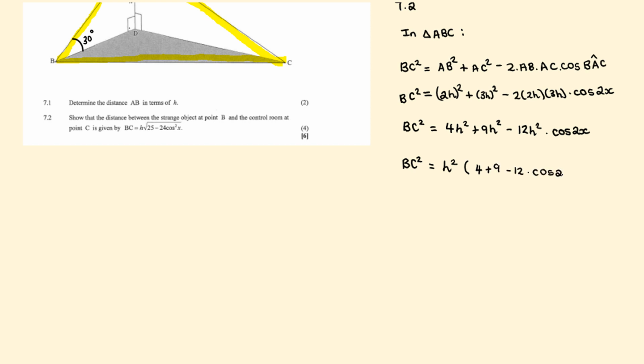Okay, if we look at our end goal, we see that we have a cos squared. Okay, so which means that we're going to have to change cos 2x into 2 times cos squared x minus 1. Okay, so that's the expansion for cos 2x. Then we simply have to multiply minus 12 into the bracket, giving us minus 24 times cos squared x plus 12.